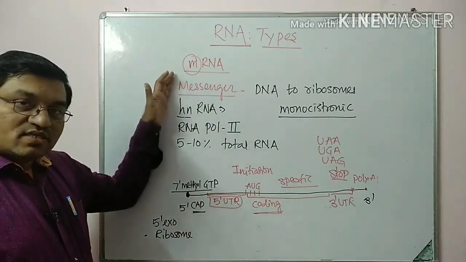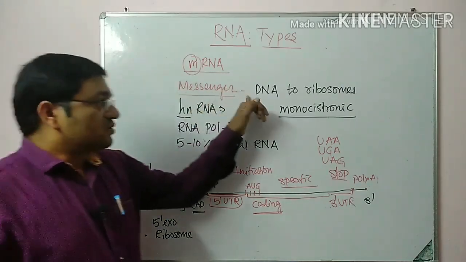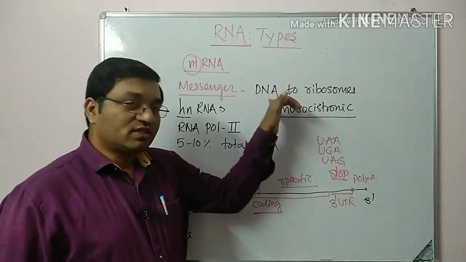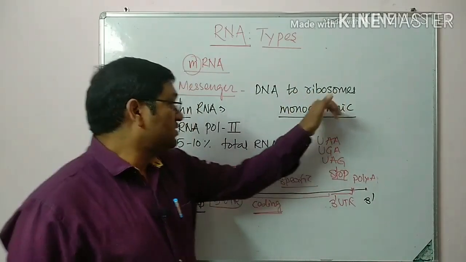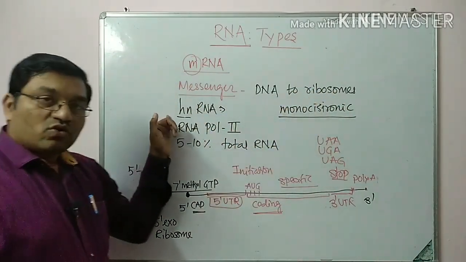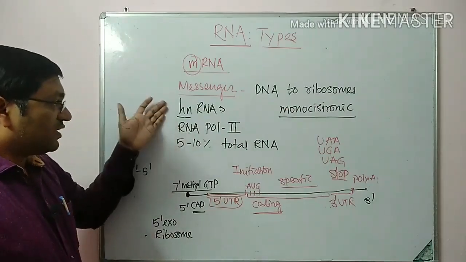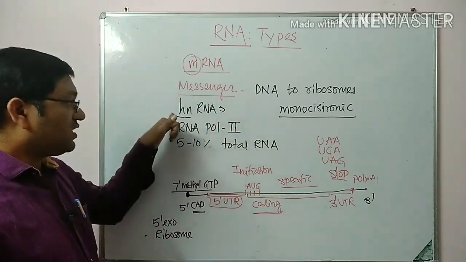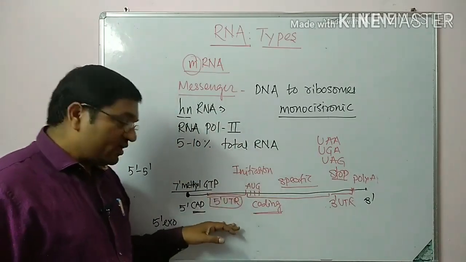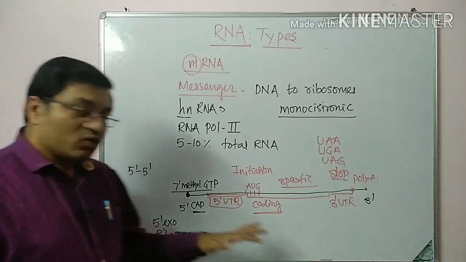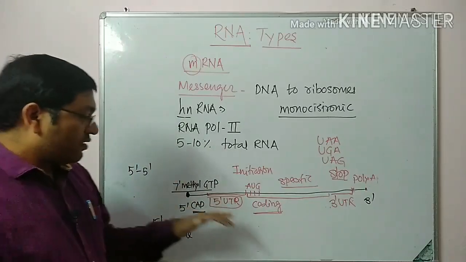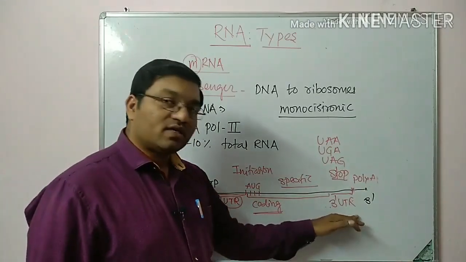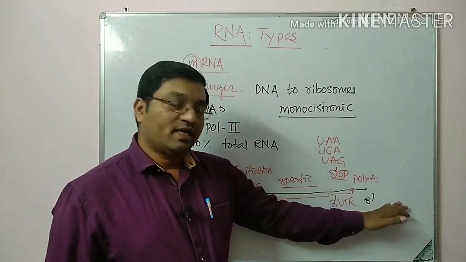It is known as messenger RNA. It is important in the transfer of genetic information from DNA to the site of protein synthesis. The precursor molecule is heterogeneous nuclear RNA. After post-transcriptional modification, this hnRNA is converted into mRNA. mRNA has 5 parts: cap, 5' untranslated region, coding region, 3' untranslated region, and poly A tail.